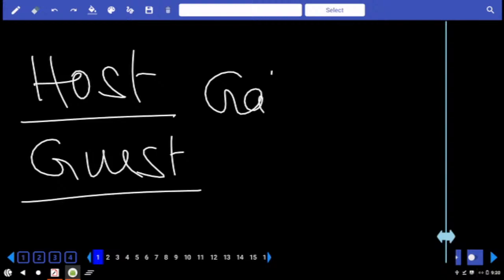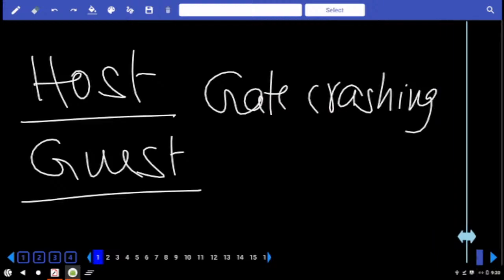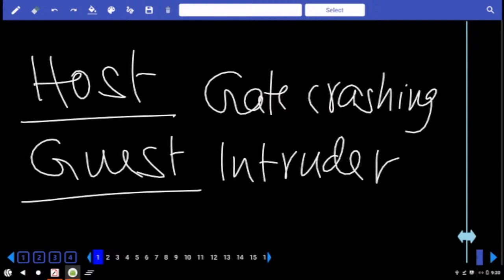Write one idiomatic expression that is known as gate crashing. Have you heard of this any time? Gate crashing. Entering a party without invitation. And also we use a word, write the word intruder. There was an intruder, means someone who entered the party without invitation.